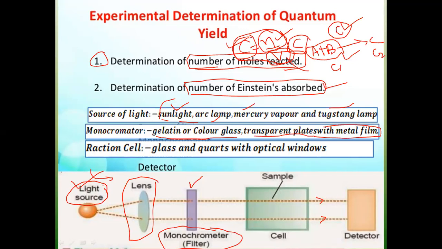You set your knob at a particular wavelength, meaning you provide the specific wavelength of light for the analysis, so it converts the light into monochromatic light, a single wavelength.